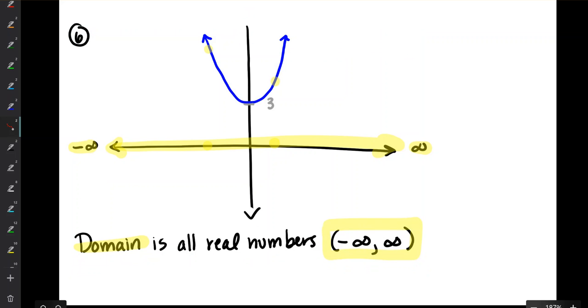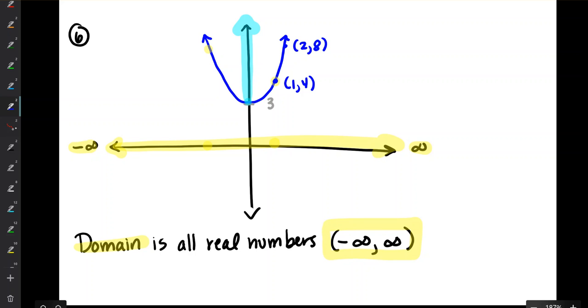My range are all the y values. So now I'm going to be projecting to the y-axis. Here I see that y is 3. And all of these ordered pairs, we could put numbers on for them. We've got a 1, 4 on there, a 2, 8 looks like it's on there.